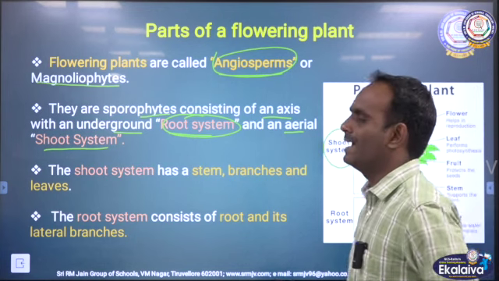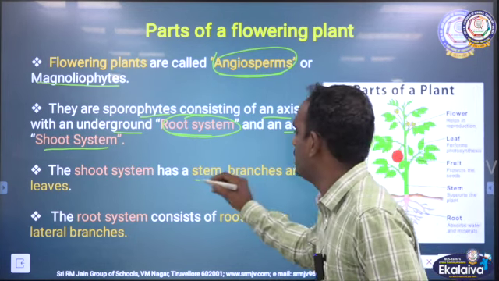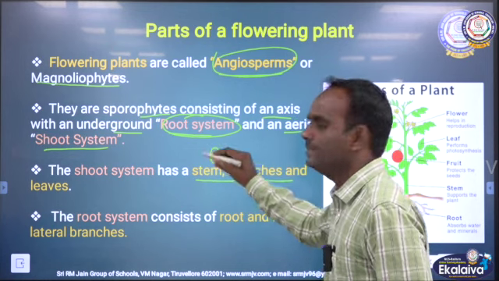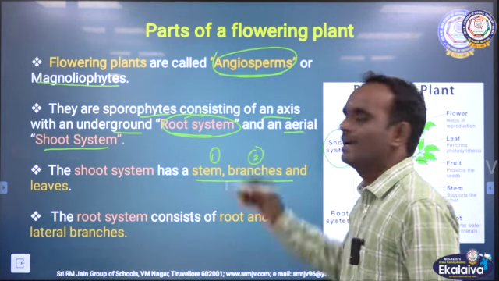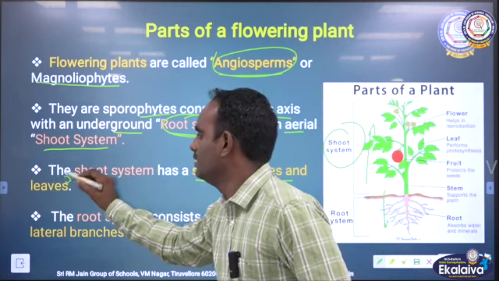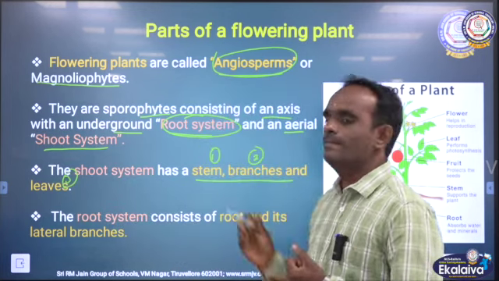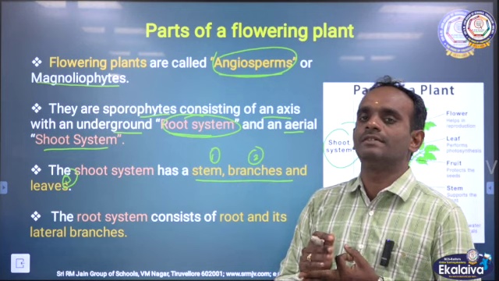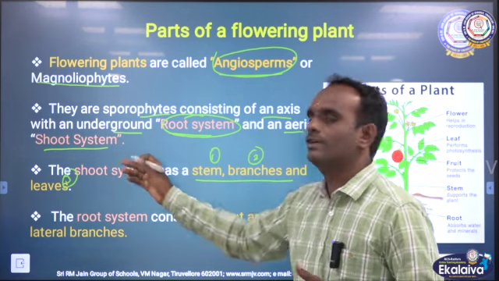The shoot system has three important parts: one is stem, second is branches, and third is leaves. So, stem, branches and leaves, these three are the parts of the shoot system.